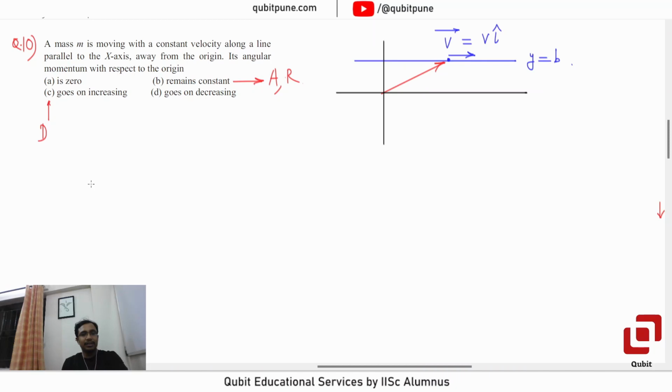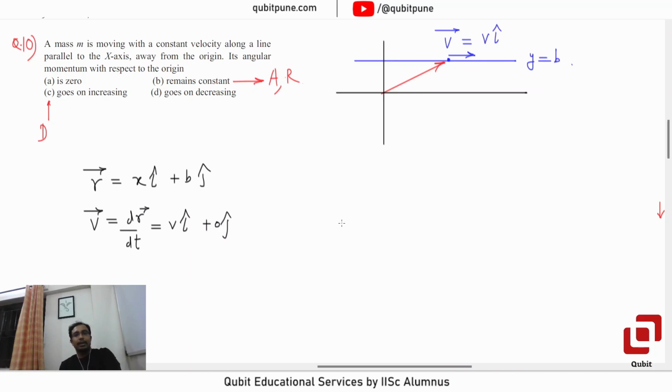So r bar is x i cap plus b j cap. So what will be v bar? dr bar by dt, that is v i cap, because the j component is 0.